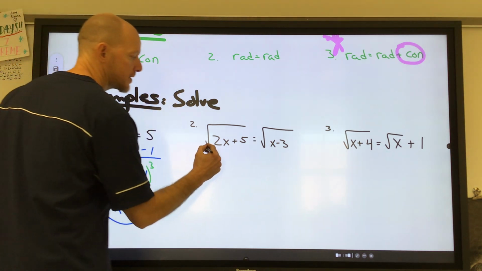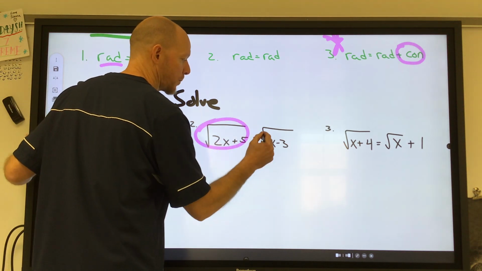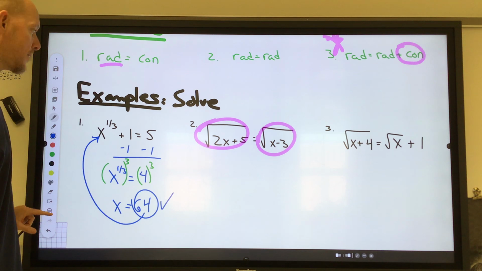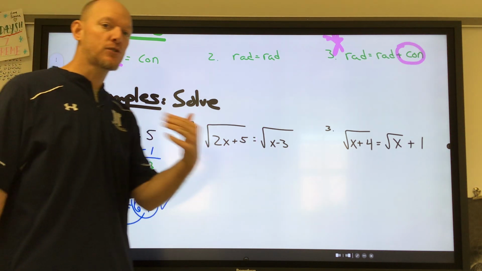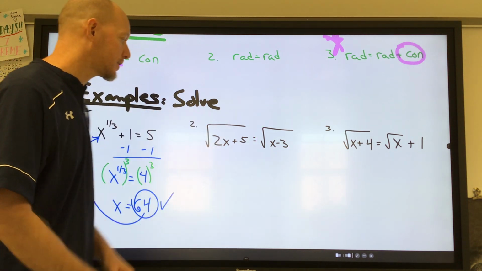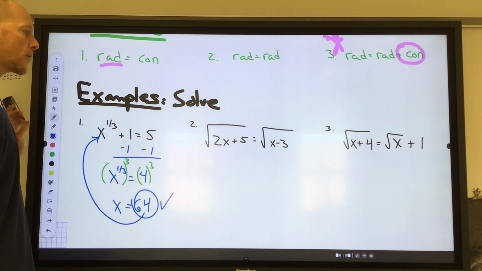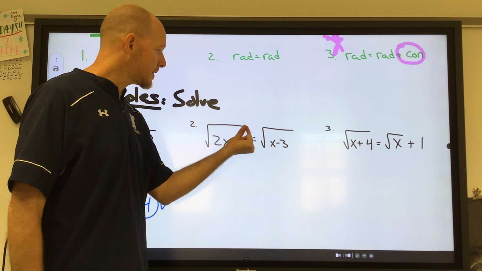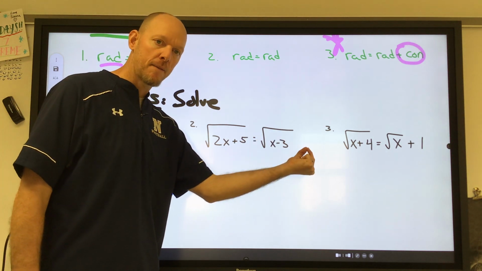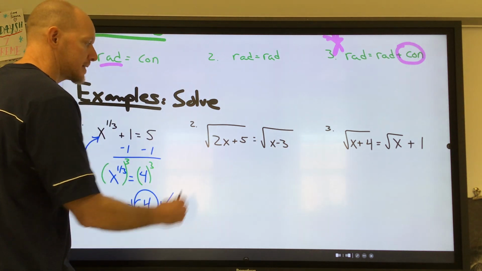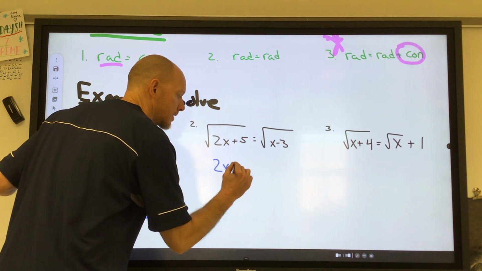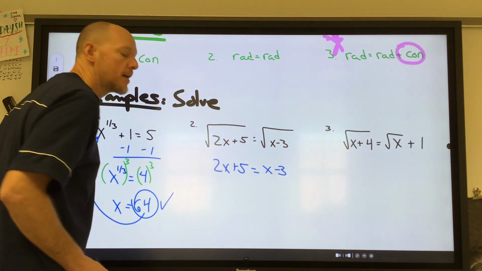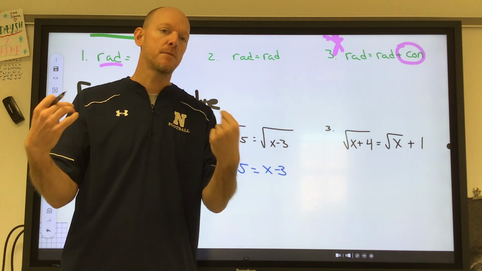Now in this case, we have 2 radicals. We've got a square root equal to a square root. This is one of our nice solving scenarios, but it has a little bit of a twist at the end. This statement is saying the square root of something is equal to the square root of something, which tells us that these somethings, in this case 2x plus 5 and x minus 3, have to be equivalent.